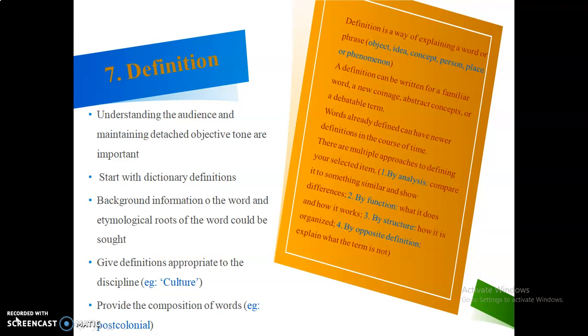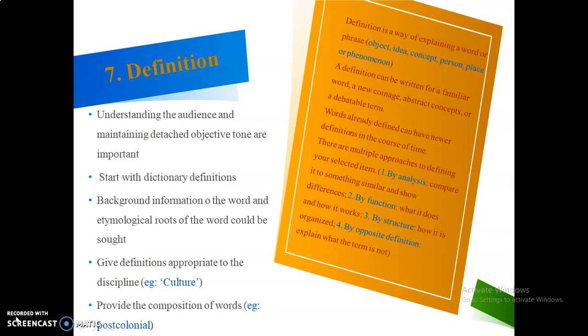Etymological root means how the meaning of the word emerged in earlier times. What are the words that combine to formulate this particular new word? We should focus on those kinds of things. Maybe those words came from Latin or Greek, and what was the meaning in Latin or Greek, and how it became a new English word, etc., should be sought out.